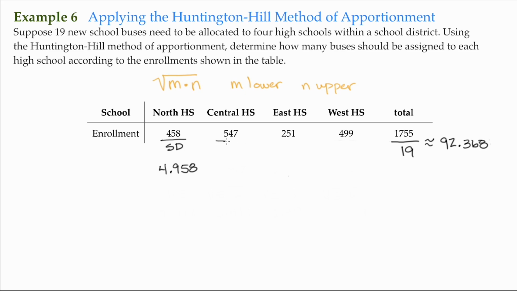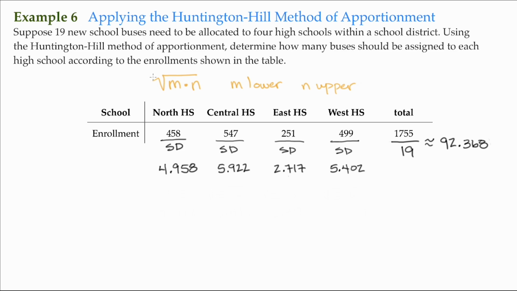The next subgroup, divide this by the standard divisor. 547 divided by 92.368, and that's 5.922. The next subgroup, divide by our standard divisor, and this is around 2.717. And then for our last subgroup here, 499 divided by our standard divisor of 92.368, and that's 5.402.